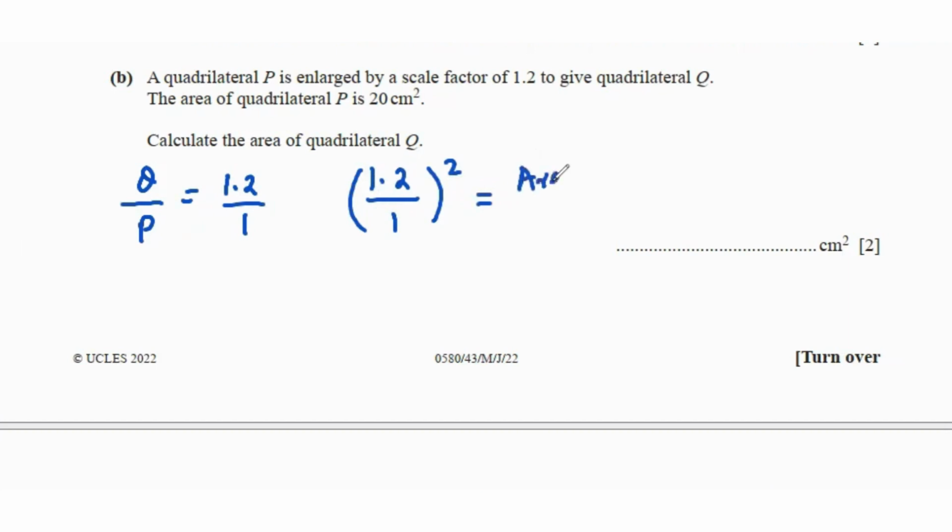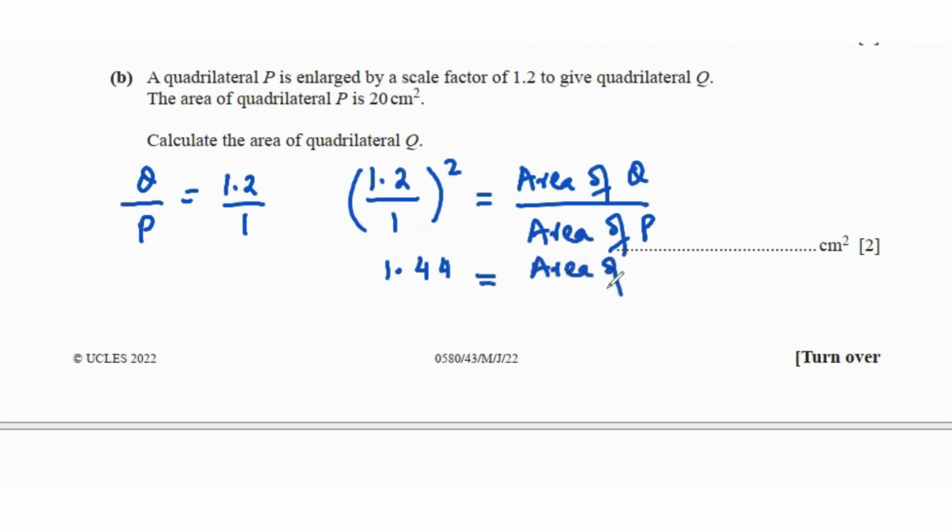So area of Q divided by area of P. So 1.2 squared is basically 1.44. 1.44 equals area of Q over area of P, which is 20. So we do 20 times 1.44, which will give us 28.8 centimeters square. That is our area of Q.